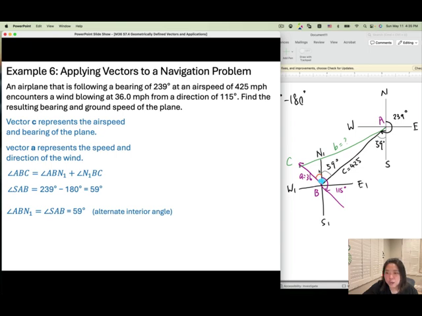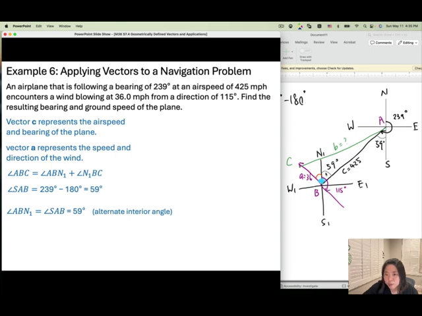Now, we want to find N1BC, the orange angle in here. So you could think about it. This is a straight line, so it's supposed to be 180. And from N1 to this part, this is 115 degrees.